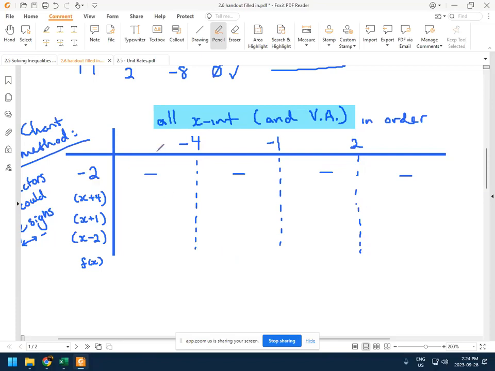I don't know, Ethan, choose a number below -4. Sure, any number. You could have done -1 million, doesn't matter. -6 plus 4 is a negative value. A -6 plus 1 is a negative value. And a -6 minus 2 is a negative value.